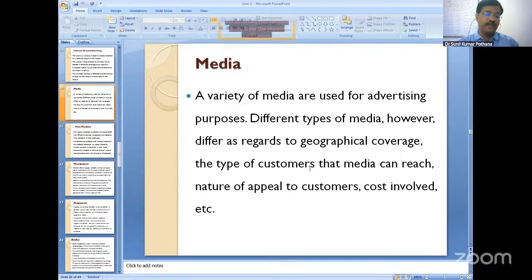Different types of media, however, differ as regards geographical coverage, the type of customers that media can reach, nature of appeal to consumers, cost involved, etc.